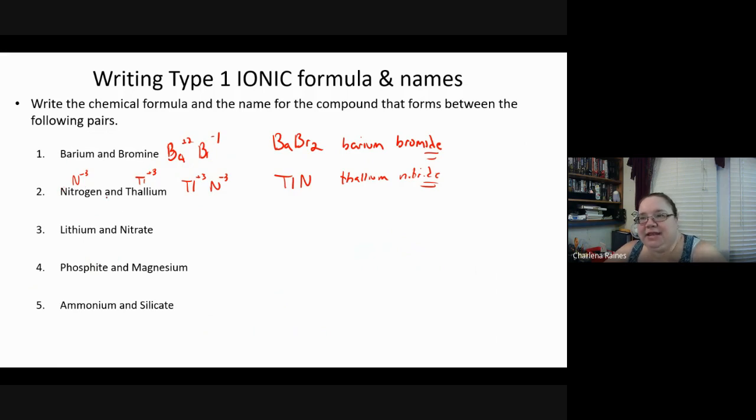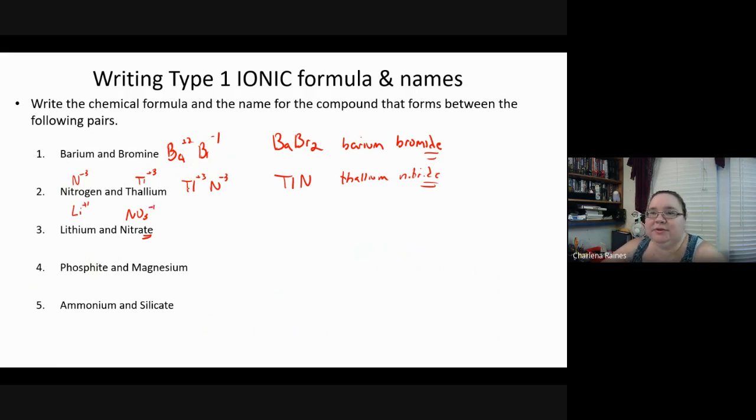All righty, my next one, lithium. Lithium, looking at my periodic table, forms a +1. Nitrate, we saw that the things that were ATEs yesterday were my polyatomic. So I look at my cheat sheet and I see that nitrate is NO3 -1.